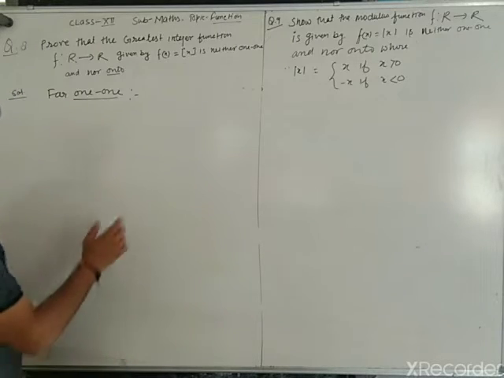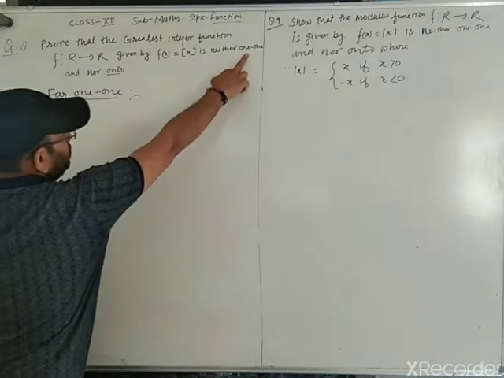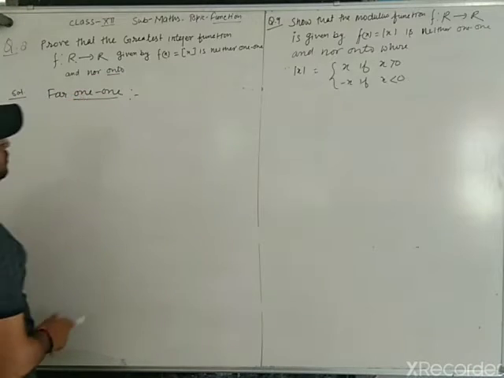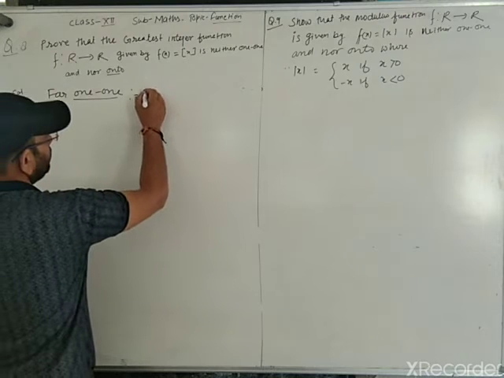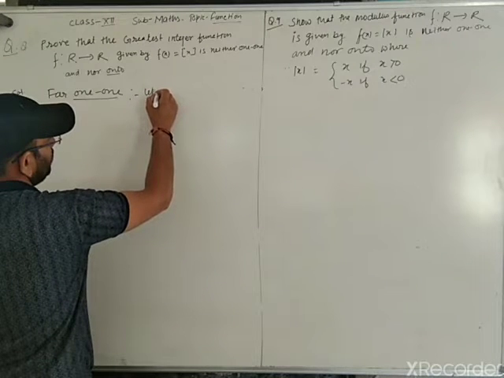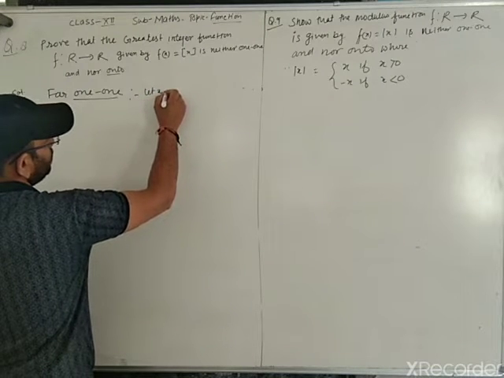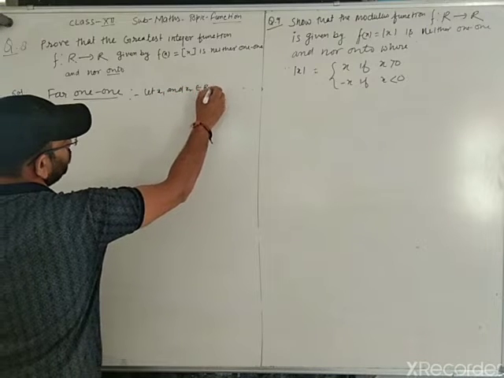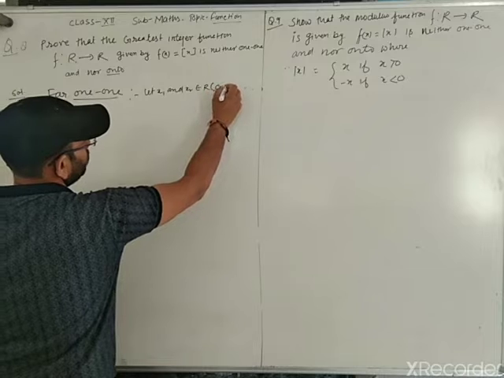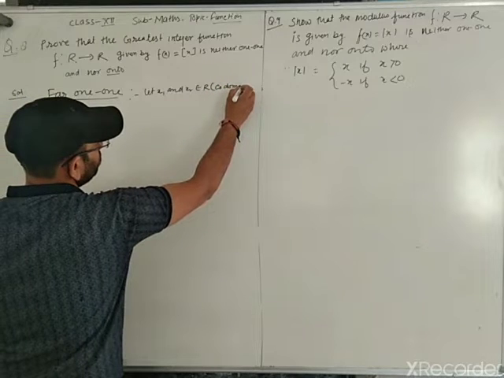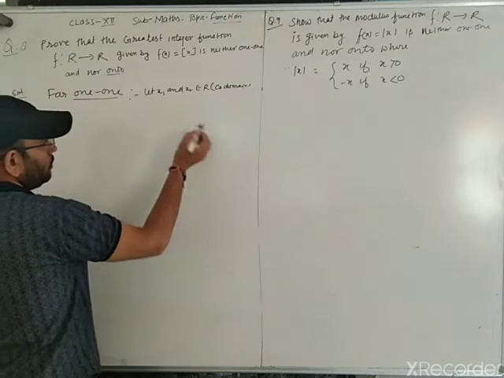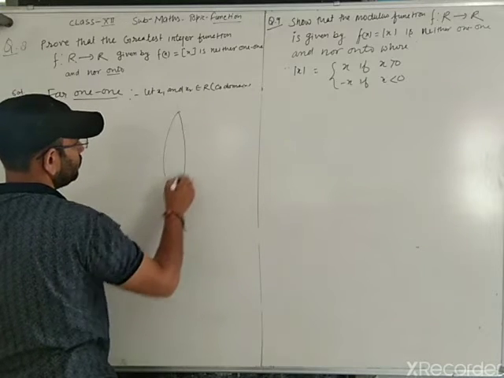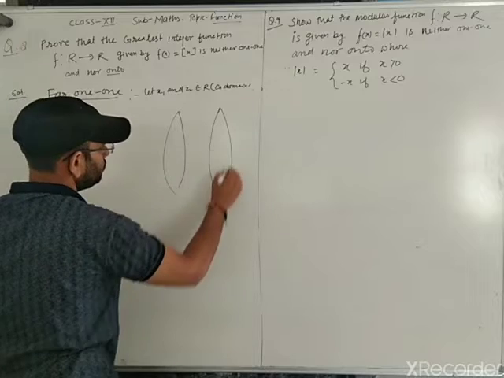Clear? Now what we have to prove, we have to check it is neither one-one nor onto. First I will check for one-one. Clear? So we are selecting two elements x1 and x2 from the set of real numbers. Clear? Okay, for your clarification I will make two sets over here.